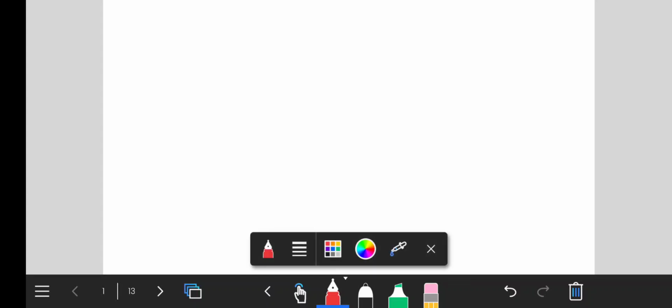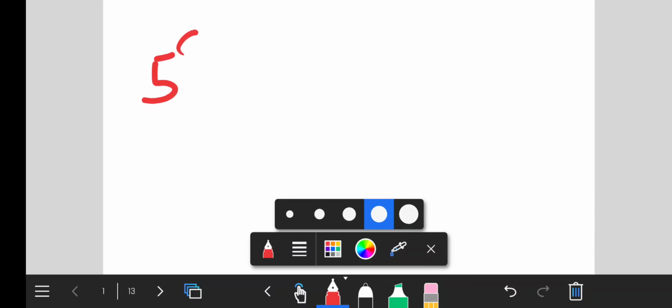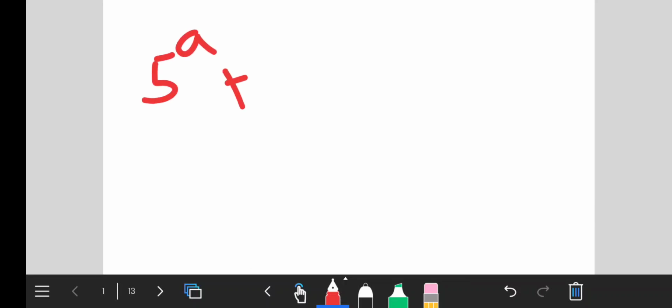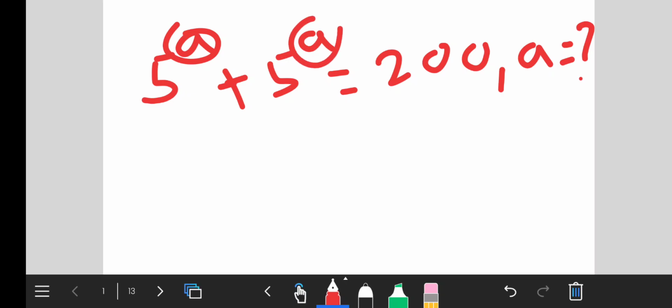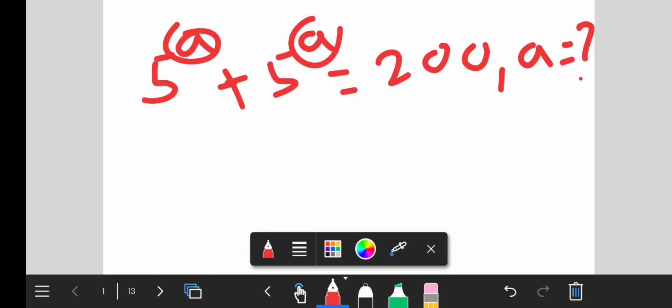The basic problem is 5 raised to a plus 5 raised to a equal to 200. We have to figure out the value of a. So friends, let us start solving this problem.